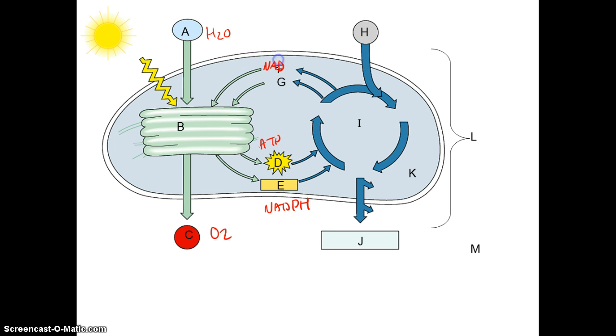And our precursors to that were NADP and ADP, which are recycled after they are used in the Calvin cycle. So the Calvin cycle occurs in the stroma here, and this is where we use CO2, and at the end we'll get glucose.